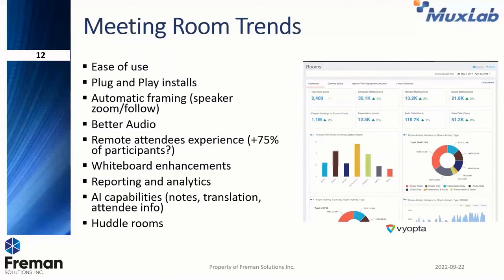And then next to it, there's a graph on reporting and analytics. There are companies providing solutions that allow you to keep track of what's going on in your meetings and in your rooms. This is an example for a very large corporation. I know you cannot read the little letters here, but these are sites. So one is in Austin, one is in Boston, one is in London. So you can get your data by site if you're a multinational corporation with a variety of sites.